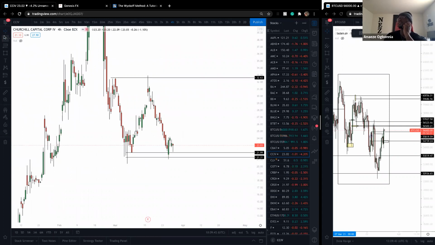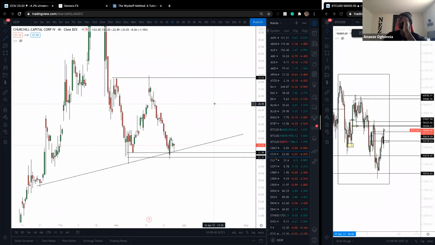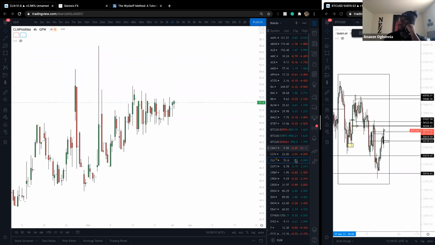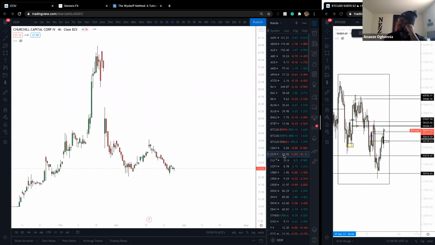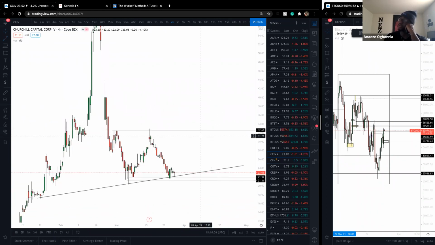Let me check something real quick. That'll buy, if you have shares, or if you want to buy shares. Wait, is CCIB tech? What is CCIB? Oh, it's tech.